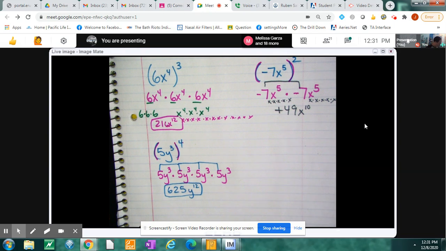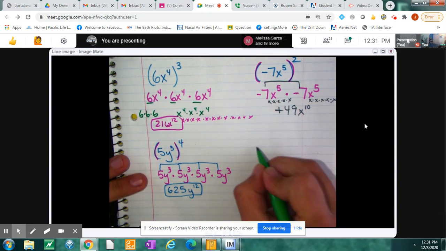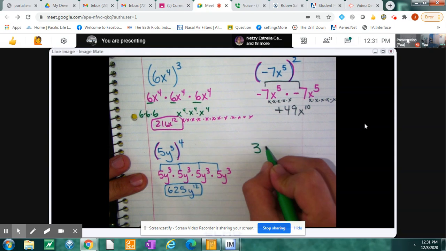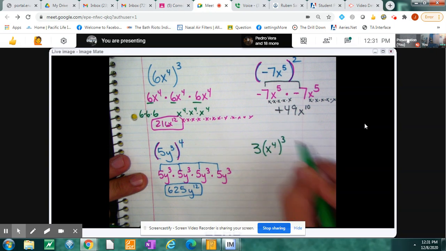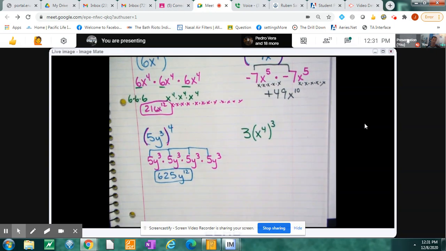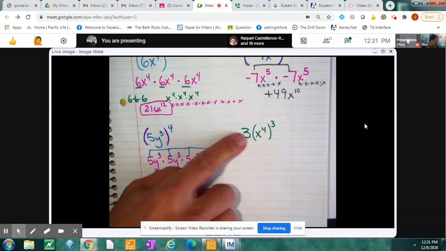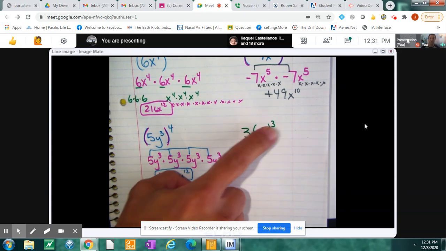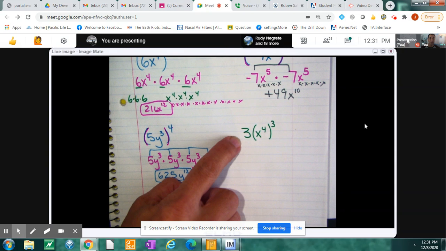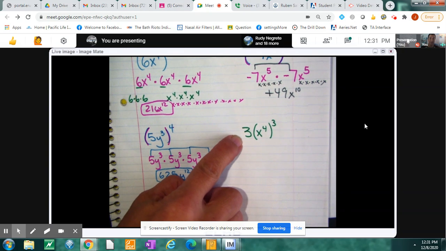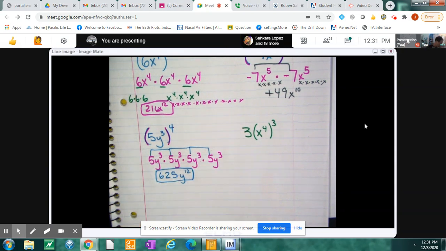All right. Now, what if I do this? 3. See that? That's a tricky one, right? Okay. So it's whatever's in parentheses is raised to the third, not 3, because that's outside the parentheses. Notice that? So then what are we going to do?